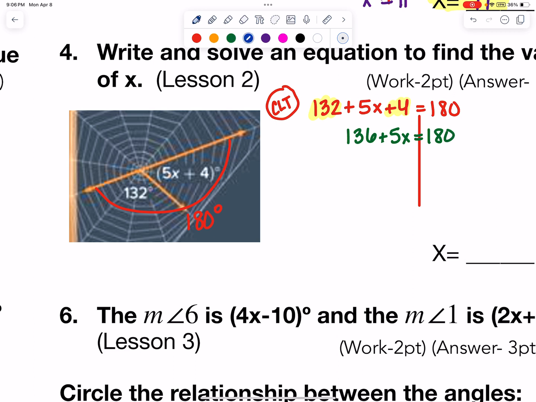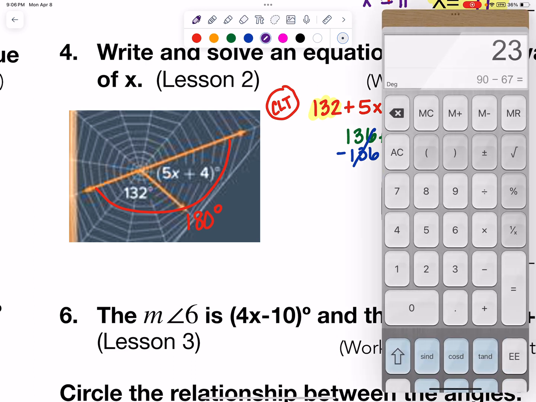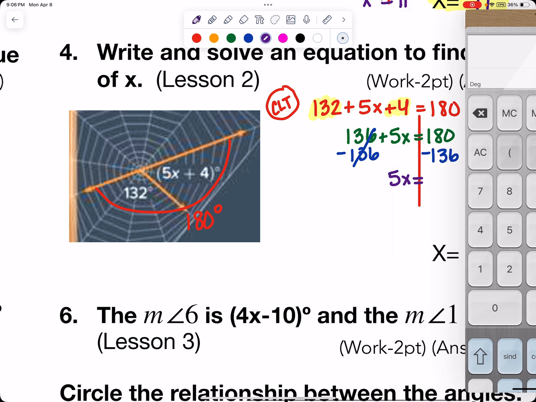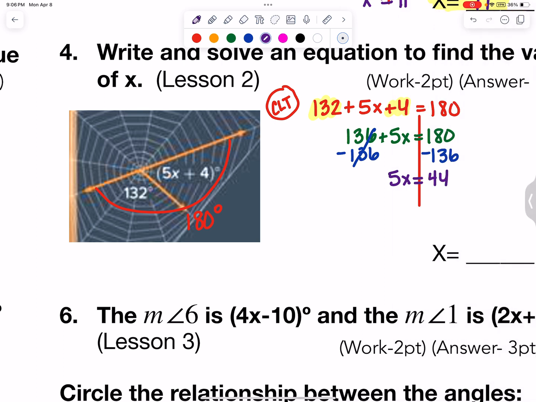Now we can go ahead and subtract 136 from both sides, and we end up with 5x equals 180 minus 136, puts us at 44. And let's isolate the variable, divided by 5. And again, just trust your math.